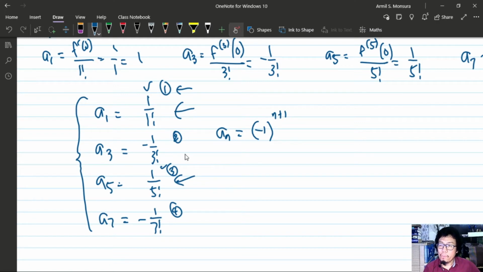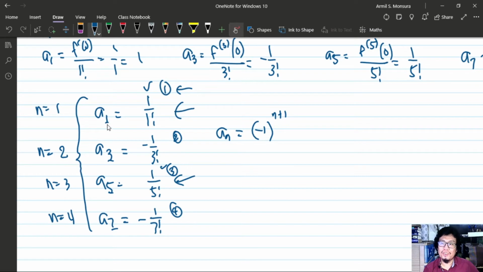Here's what we're going to do. Despite that these are labeled 1, 3, 5, and 7, we'll consider these coefficients to be the coefficients when n is equal to 1, when n is equal to 2, when n is equal to 3, when n is equal to 4.